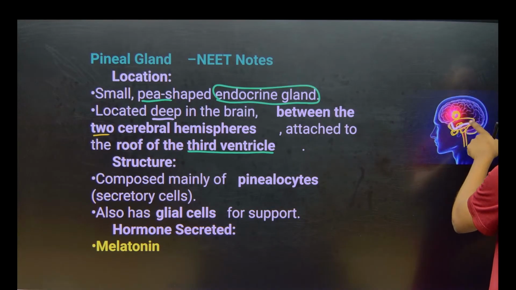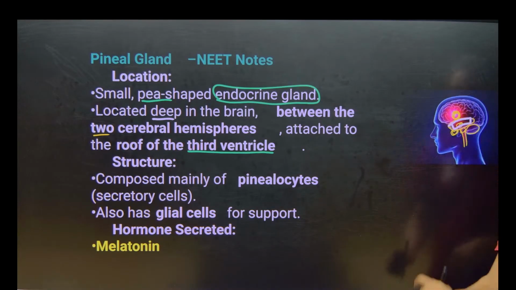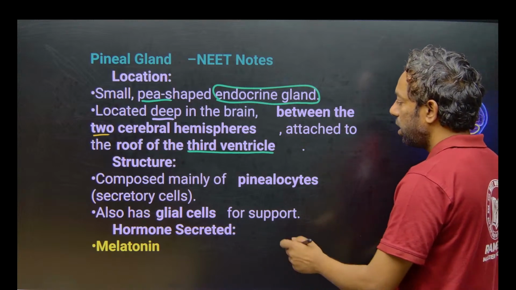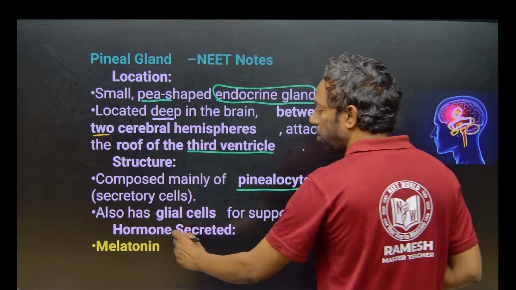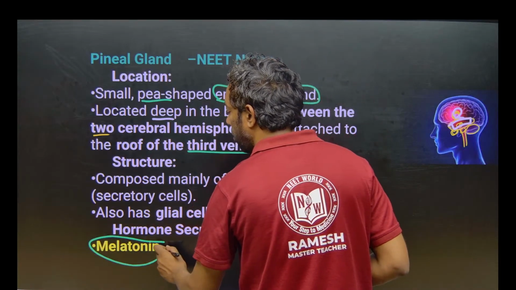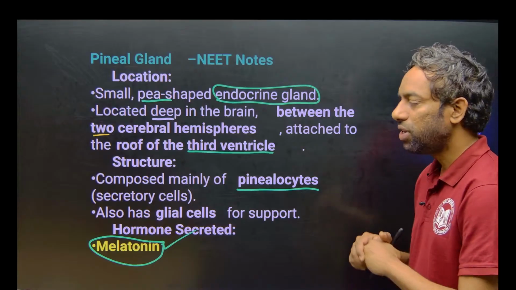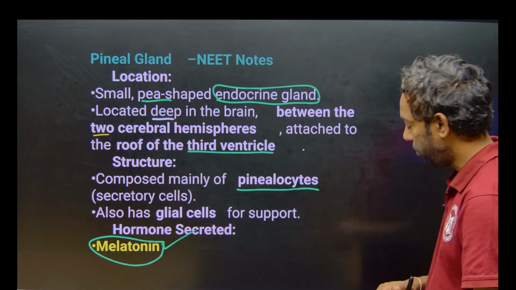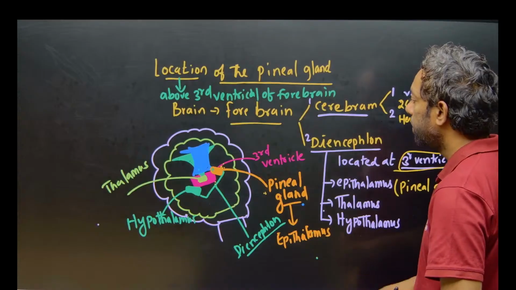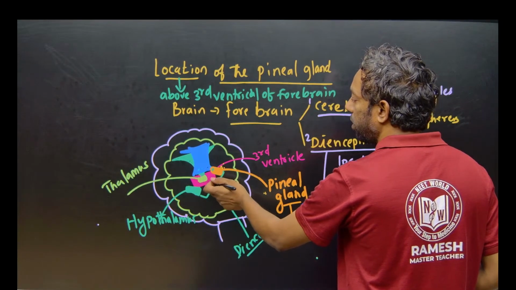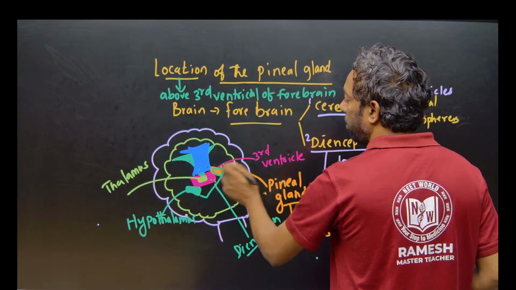Above the third ventricle, the pineal gland is located. Pinealocytes produce the hormone called melatonin. These are the keywords, guys. The hormone is melatonin. This is the brain, the third ventricle, and above the third ventricle, the pineal gland.